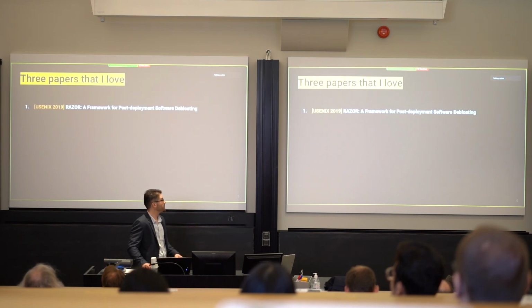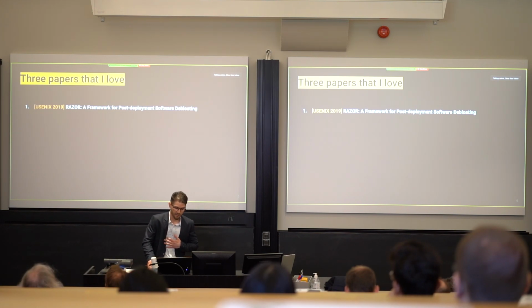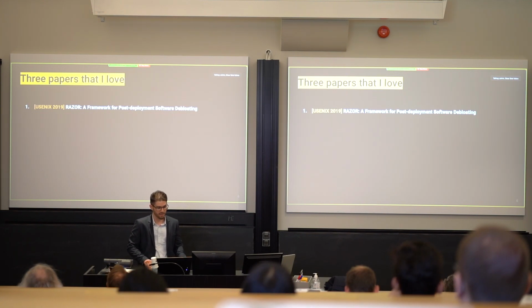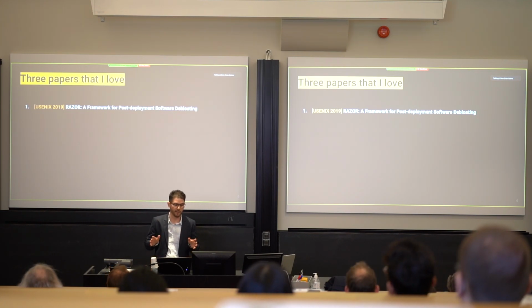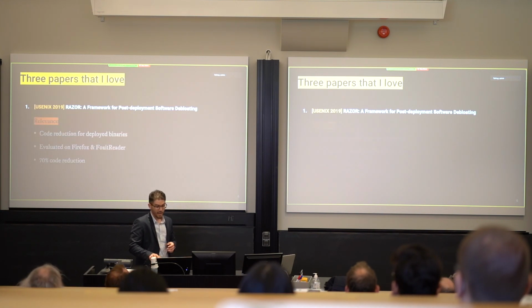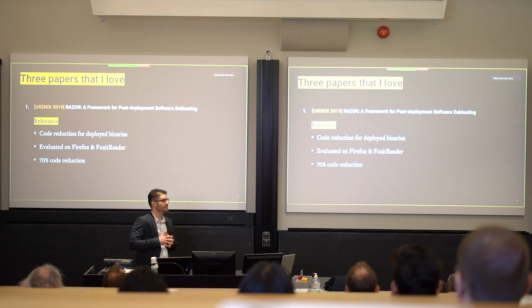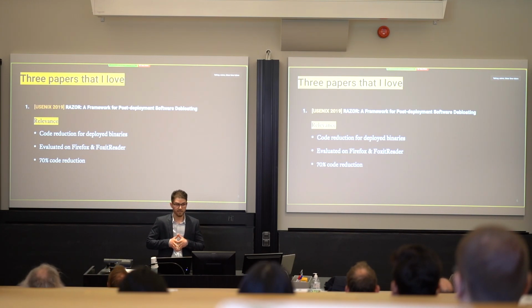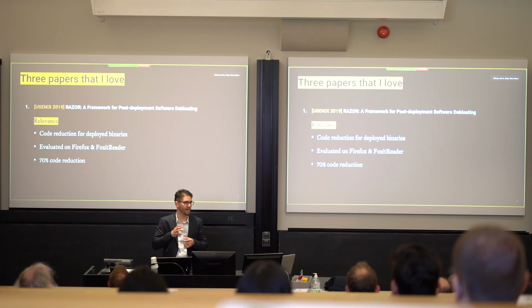There are three papers that I love about software debloating. The first one was published at USENIX in 2019. The title is Razor, a framework for post-deployment software debloating. This paper is relevant because it performs code reduction for deployed binaries.